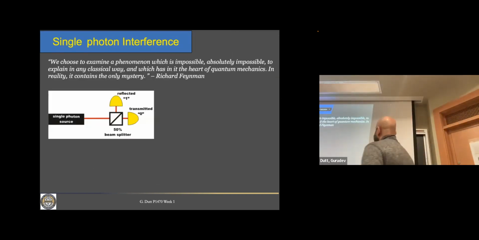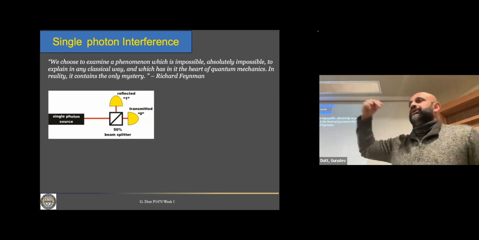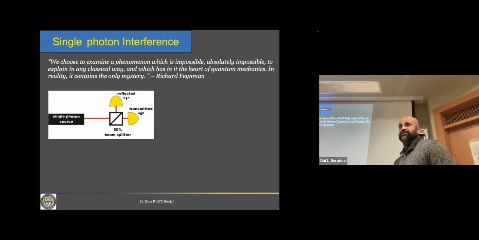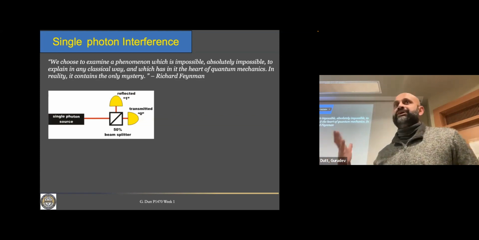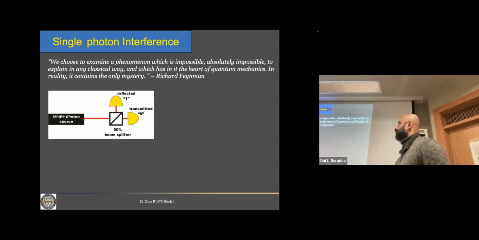So, let's talk about single photon interference. The reason I talk about photons now instead of electrons is just because they're so much easier to do the experiments with. As we saw already, Young's double slit was first discovered with light. Even though they didn't have great light sources, they were able to do it because light has such obvious wave-like properties.